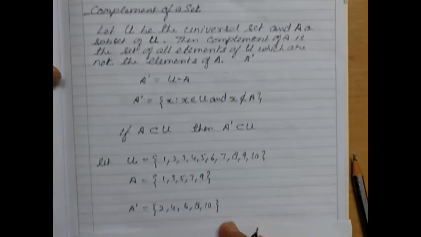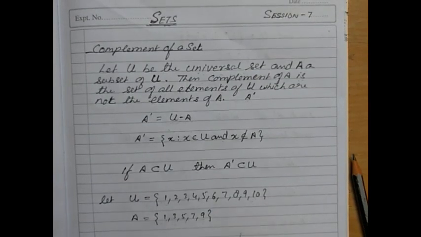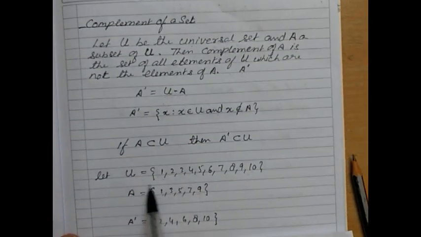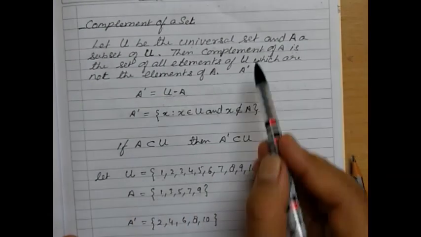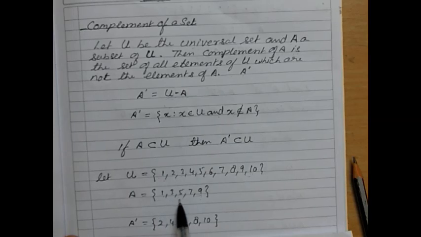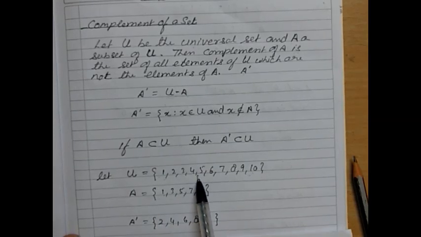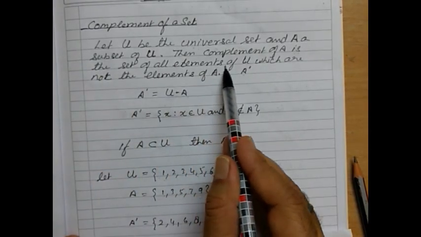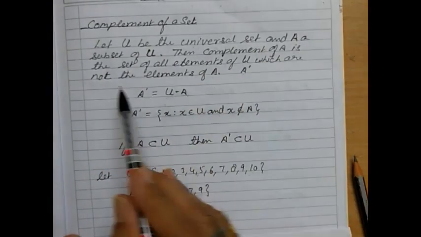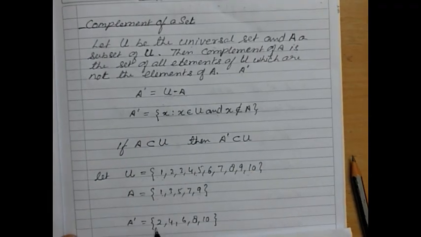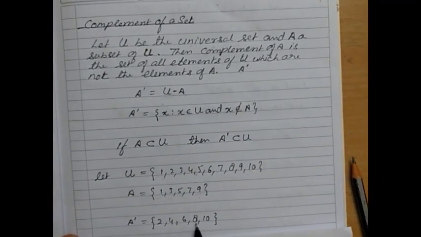Now what does the definition say? Let U be the universal set, that we have taken, isn't it? And A a subset of the universal set. So here A is a subset of the universal set. Then the complement of A is the set of all elements of U which are not elements of A. So the complement here is 2, 4, 6, 8, 10.